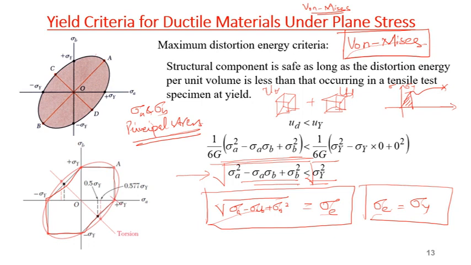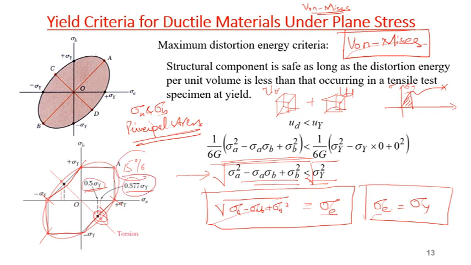Now, under the uniaxial case, they predict the same value, but under pure shear, they predict a slightly different value, roughly a 15% difference.